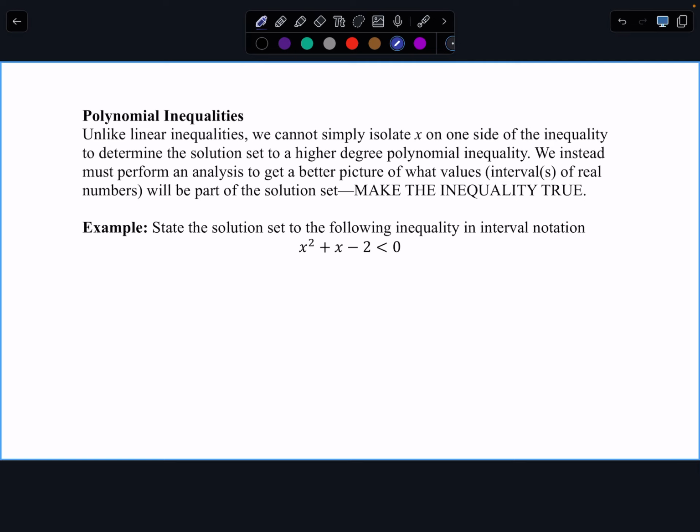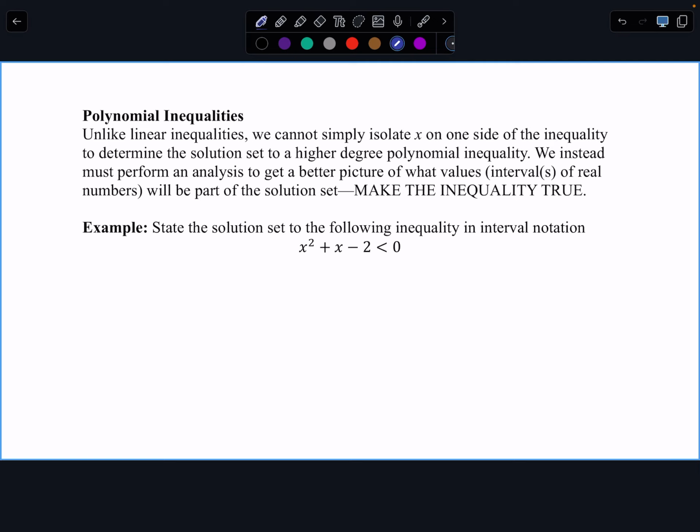And I do think this is a big thing that will come up over and over again this year. Making sure you understand how to come up with a solution set for a polynomial inequality is super useful, like when we're in our discussions about domain. That's the next place it would come up.